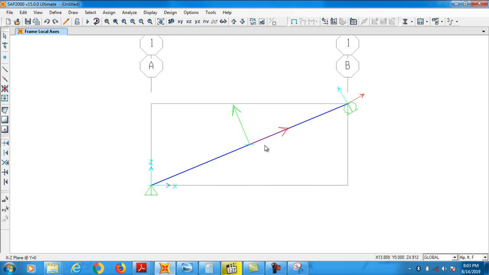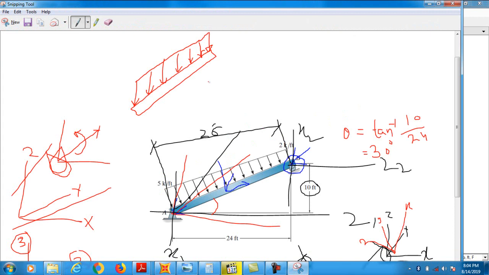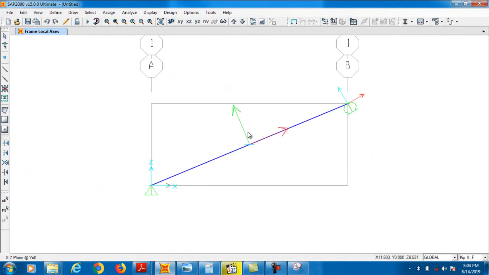Now if you don't want to rotate the local axis of this line element, you can apply loading to this element as well, because you need to identify the proper axis through which I have to apply the loading. You see that the z axis is perpendicular to the screen.